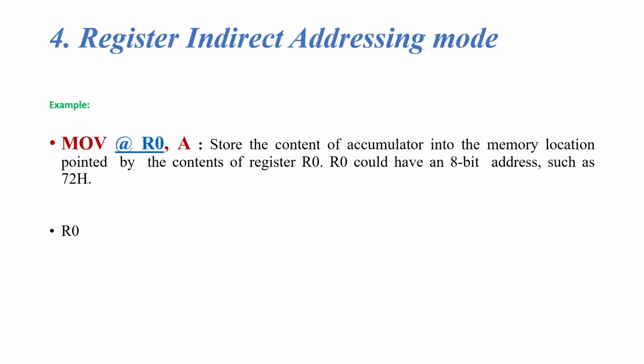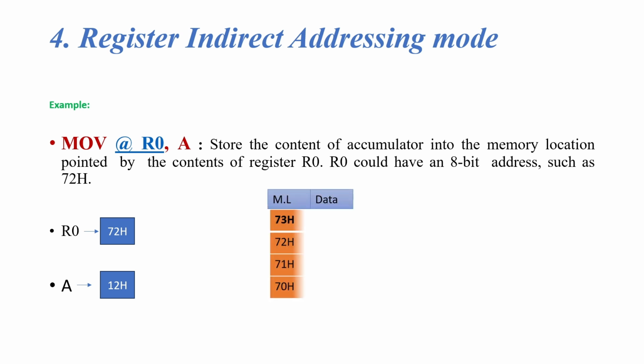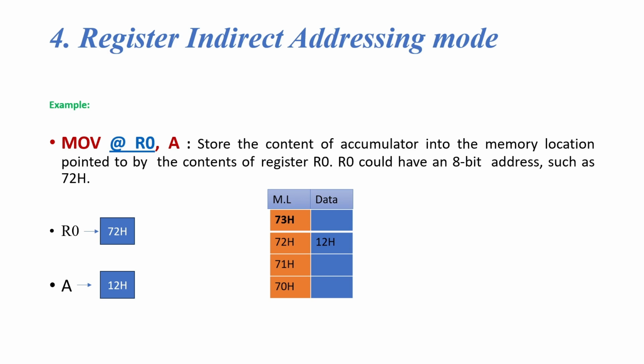Let's see, R0 contains 72H and the content of the accumulator is 12H. Now, the content of the accumulator is transferred into the memory location stored in R0. After executing this instruction, the content of memory location 72H is 12H.